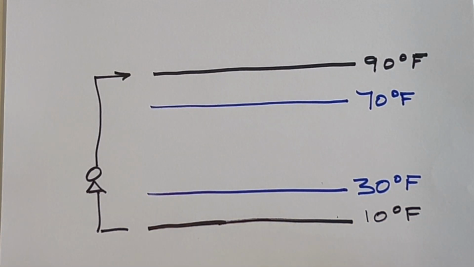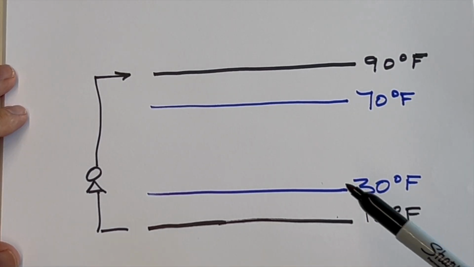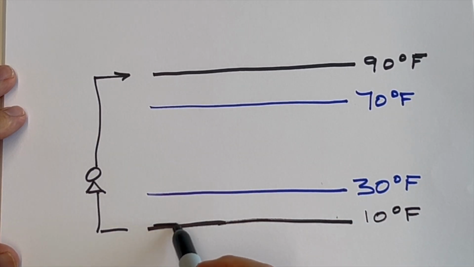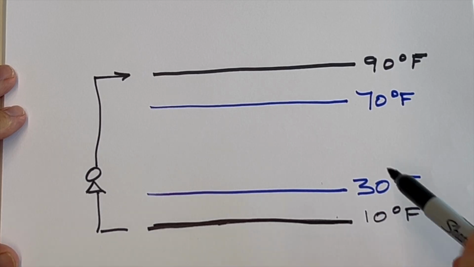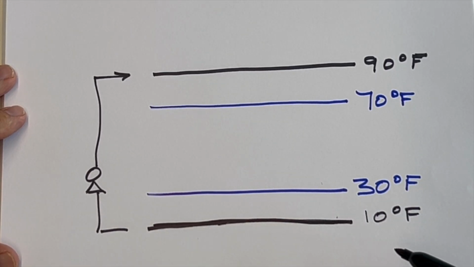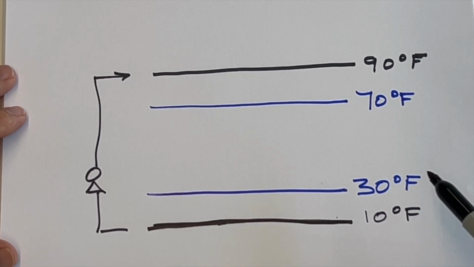So the benefit of a variable speed heat pump is twofold. One is when it's very cold outside, it's able to speed up because we need that capacity. And the other is when it's not cold outside, it's able to slow down, and that slowing down reduces this temperature difference. We don't need as much temperature difference because it's warmer outside.